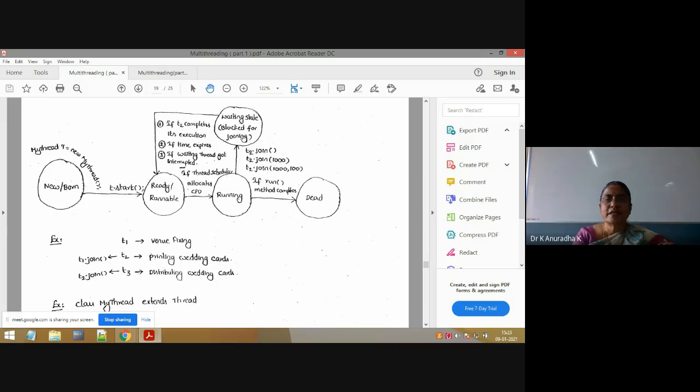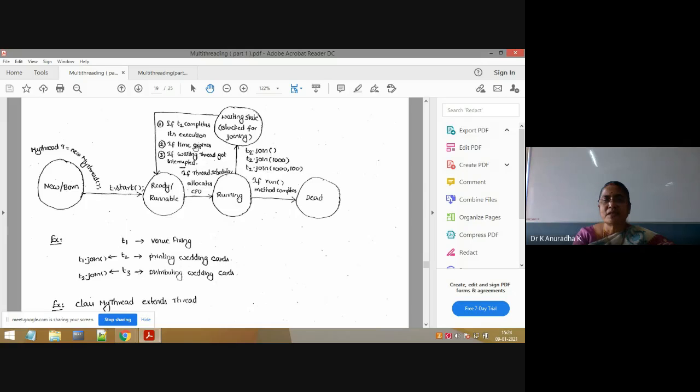From the waiting state to the ready state, T1 will go if T2 completes its execution, because T2 got the CPU and is in the running state. If T2 completes its execution, then T1 will go from the waiting state to the ready state. That is one case. Or if the time expires, here we have written time.